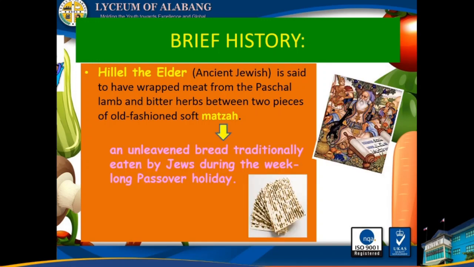The filling between the matzah served as a reminder of the suffering of the Jews between their deliverance from Egypt and represented the mortar used by the Jews in their forced labor of constructing Egyptian buildings.